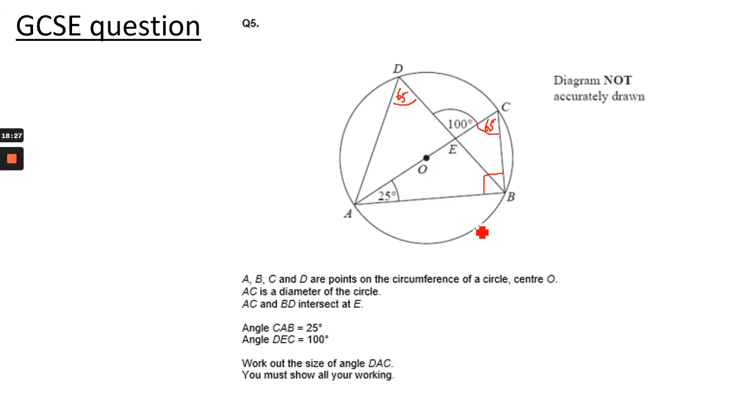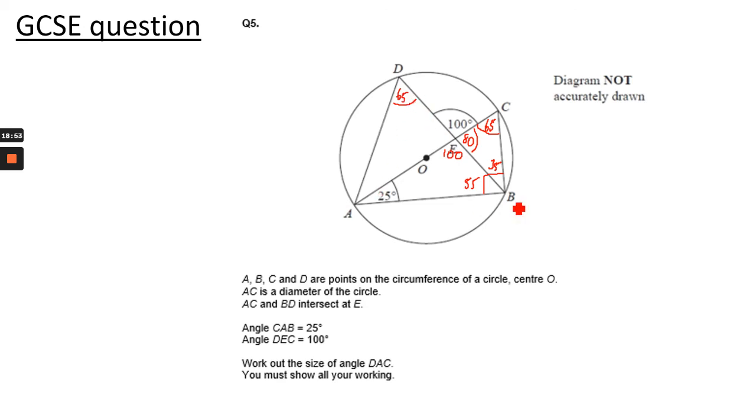Are there any other angles? If that's 100, this one must be 100. And then if that's 100, this one must be 80. If that's 65 and that's 80, subtract that away from 180, and this one is going to be 35. If that's 90, that one's going to be 55.